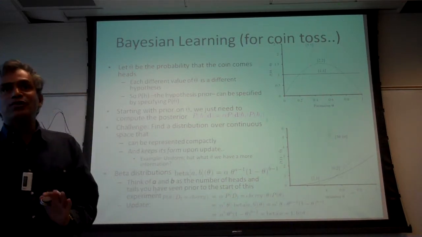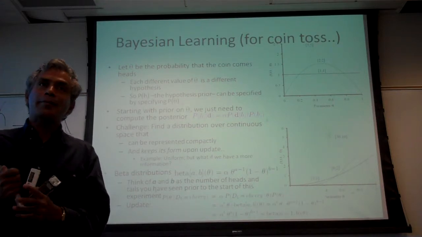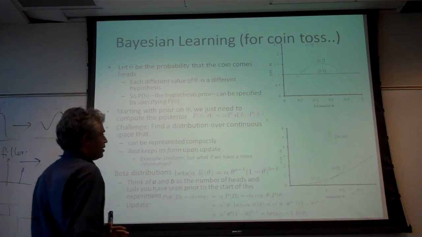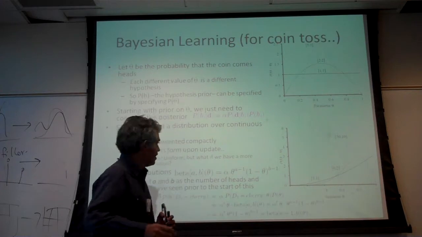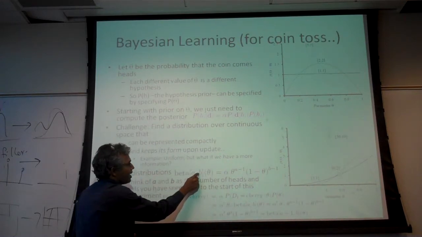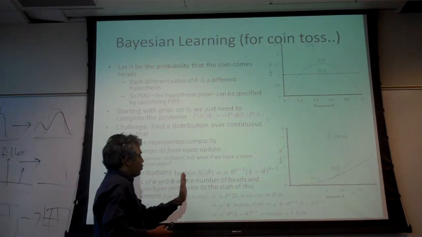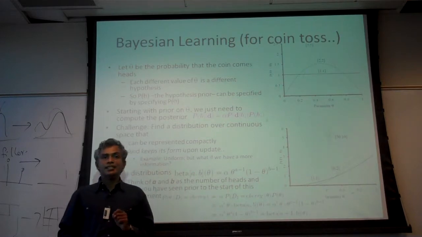So you see one extra head, and you want your prior to take that into account. The way the prior does that is it changes the beta's hyperparameters. You can think of A and B almost as, before you saw this data point, you have seen A heads and B tails.